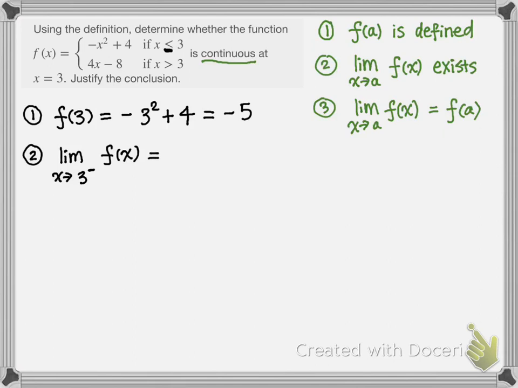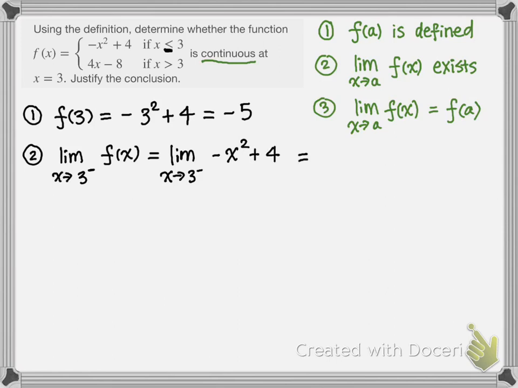Which expression do we take? We take the less than 3 piece, the left piece. So this is the limit as x approaches 3 from the left of negative x squared plus 4.